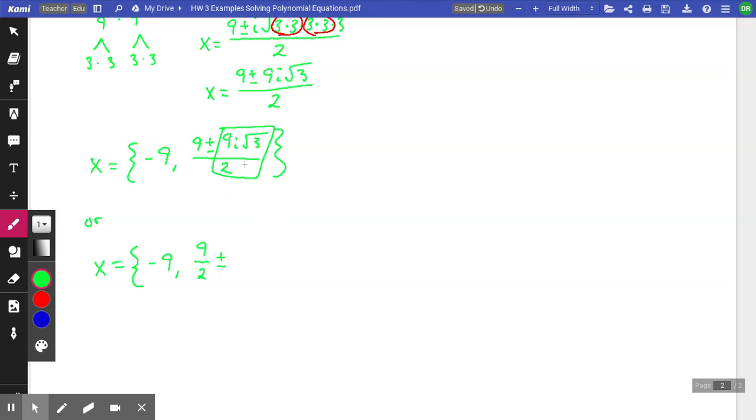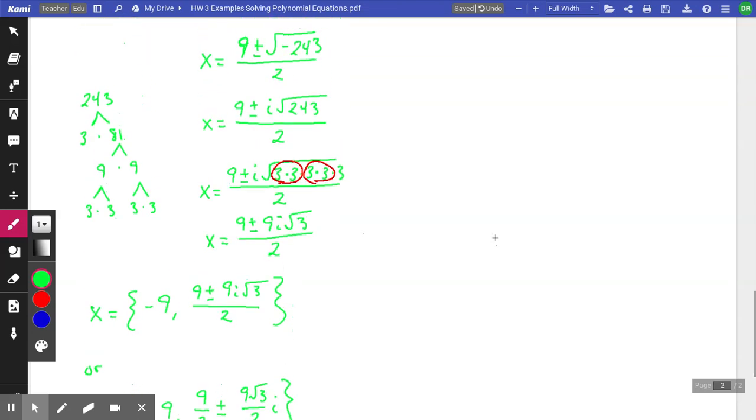Different arrangements we could put might look something like this, where we have the 9 square root of 3 over 2, and maybe the i goes off to the side. But it's all the same idea, whether we write it as all one fraction or two separate fractions. And again, when we write it as two separate fractions, we see that 9 over 2 does not reduce.